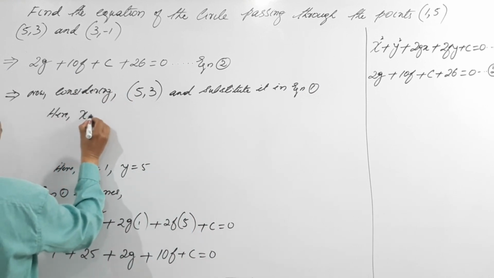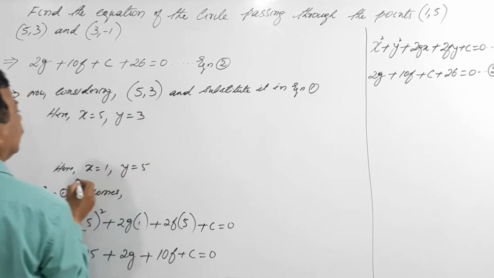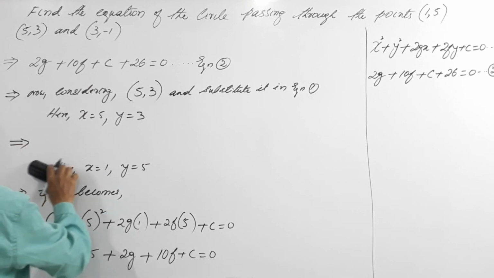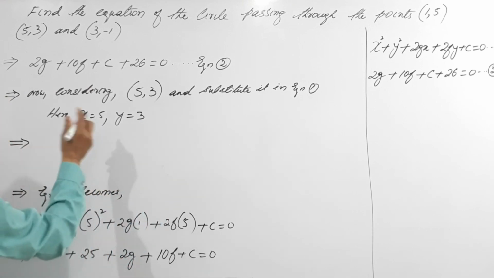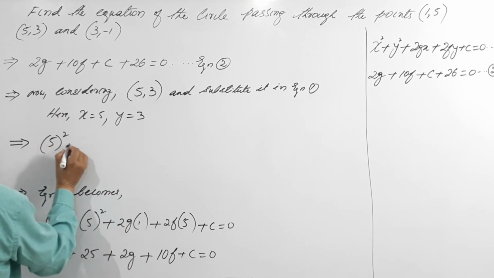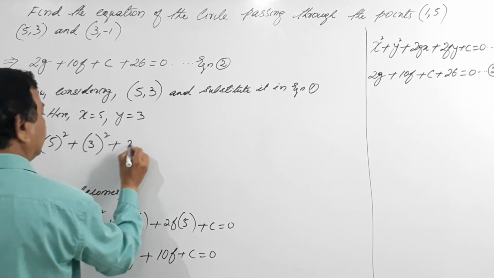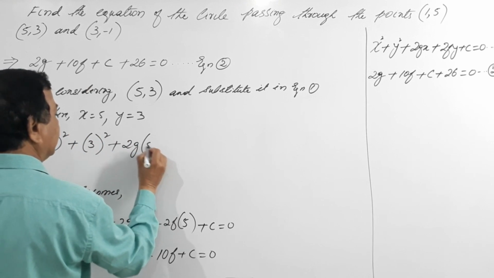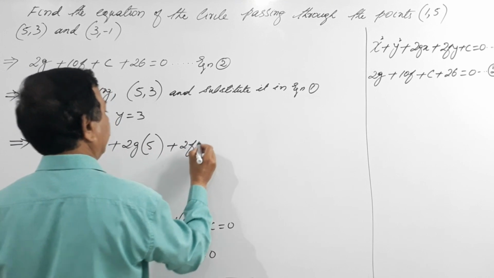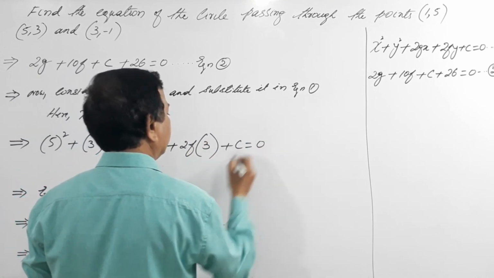Here x equals 5, y equals 3. So equation 1 becomes 5 square plus 3 square plus 2g into x is 5, plus 2f, this is 3, plus c equals to 0.